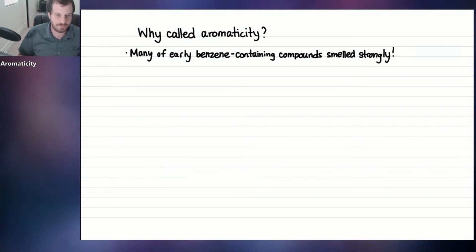Not all of them, but many of the early ones that were discovered had a strong smell. So it was coined aromaticity early on, but later they found plenty of aromatic compounds that have no smell at all. So the name is just historical.